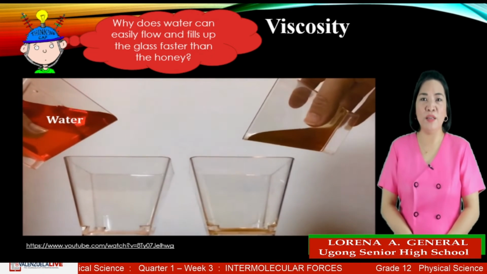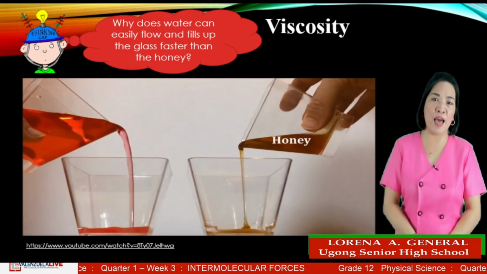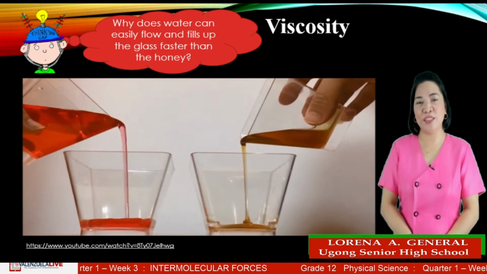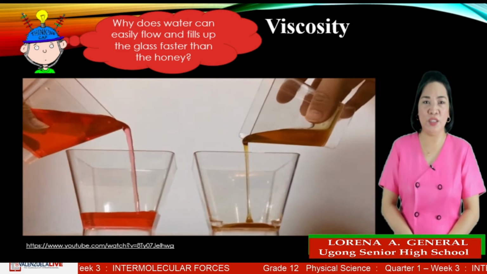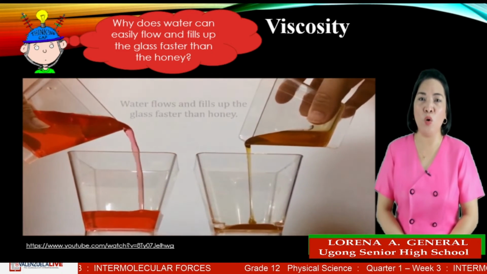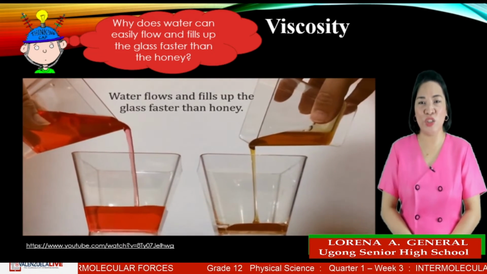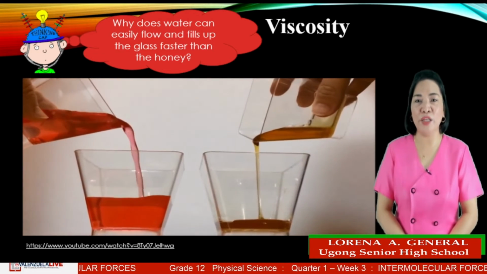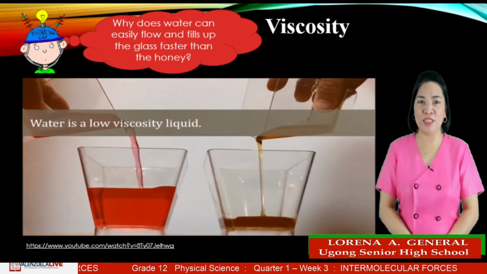The next one is, why does water easily flow and fill up the glass faster than honey? The answer is simply because of what we call viscosity. It is the resistance of a liquid to flow. The more viscous a liquid is, the thicker its consistency, because a liquid can flow only if the molecules can move past one another with minimal resistance.